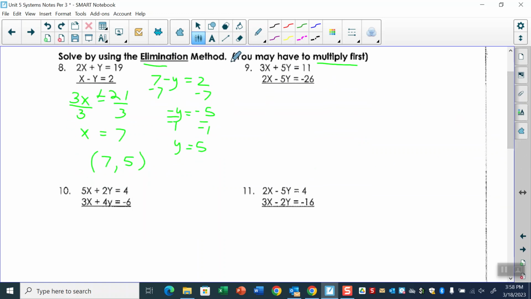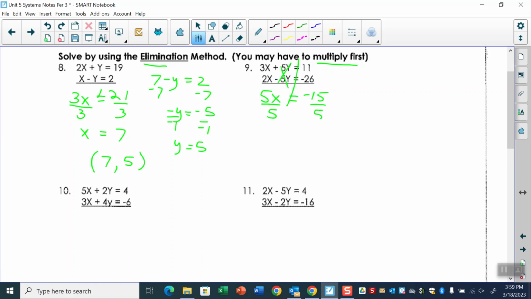Now here again, I've got a plus 5 and a minus 5. So I can just combine everything on the left and my y's are going to be eliminated because 5 minus 5 is 0. So 3 plus 2 is 5x, and 11 minus 26 is negative 15.